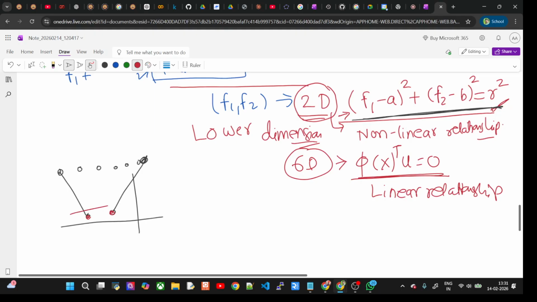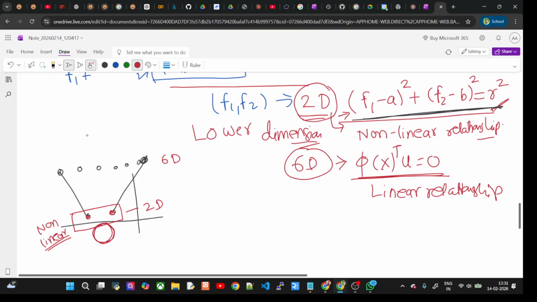So this 2D is brought to 6D, and this non-linear relationship of the 2D, which is a circle, in 2D it is a circle.